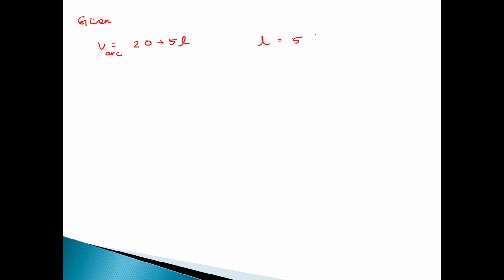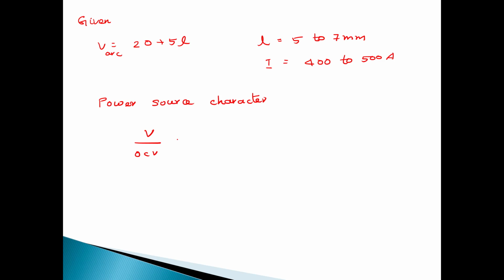Length varies from 5 to 7 mm and current from 4000 to 5000 amps. We know that the power source characteristic is V by OCV plus I by SCC, which is equal to 1.